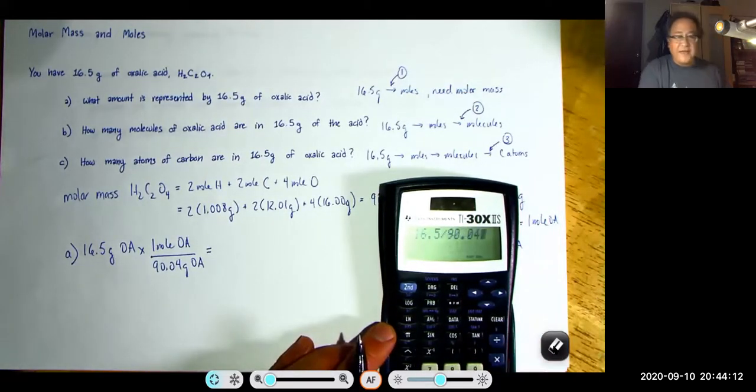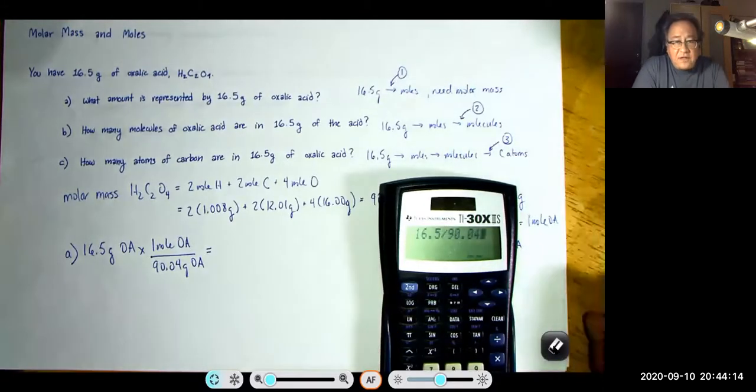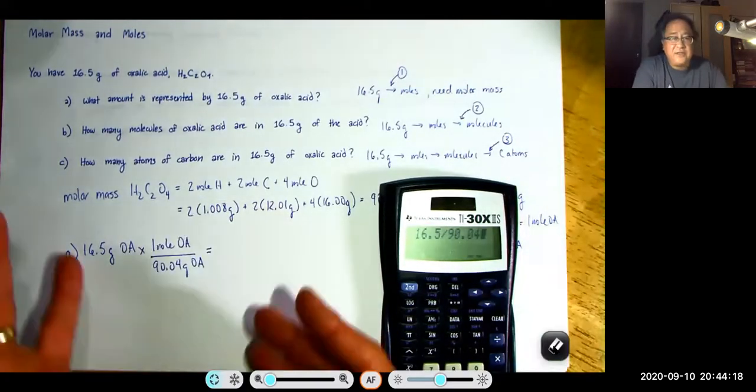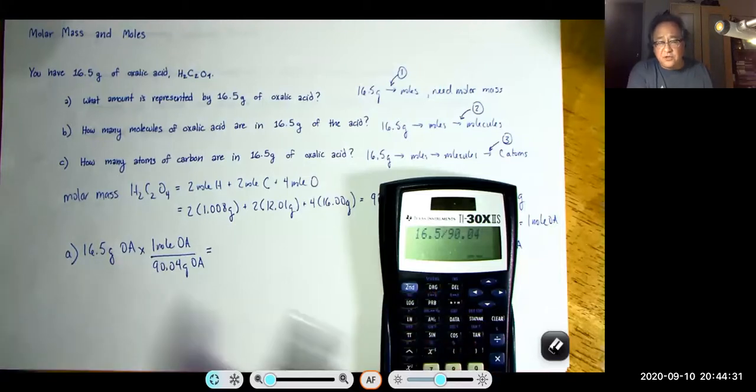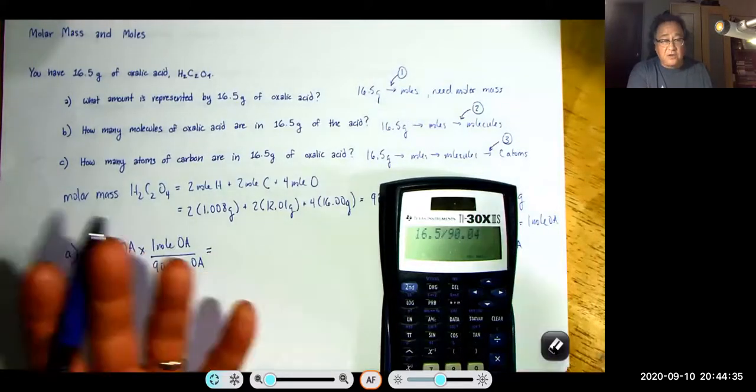90.04. Now for estimating, if you're not good at estimating and figuring out what the fraction is here, there are a lot of different ways to make it faster for you. When you first begin estimating, you could look at these numbers and ask yourself, should my number be bigger than 1 or smaller than 1? Or should it be a lot bigger than 1 or a lot smaller than 1?